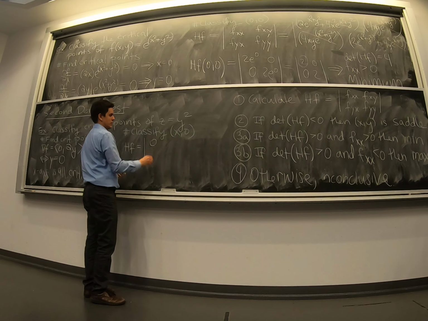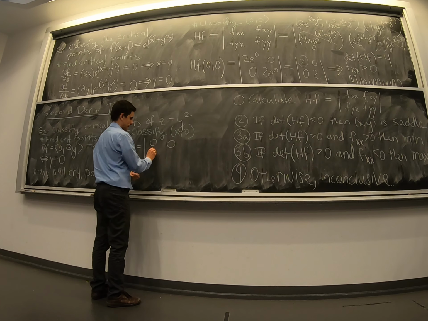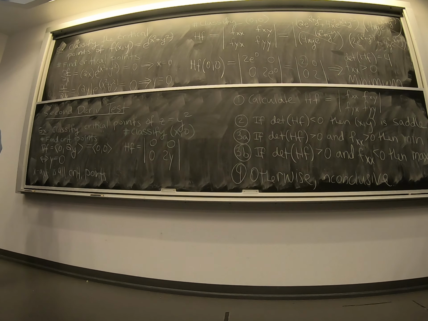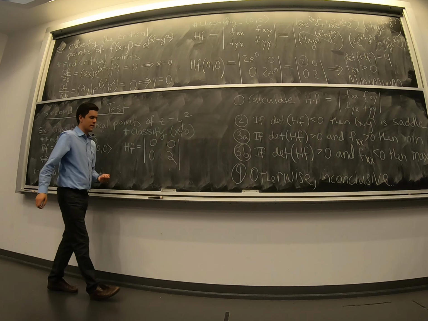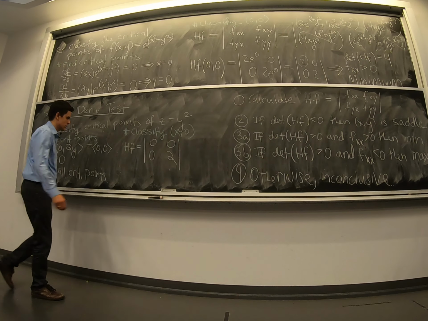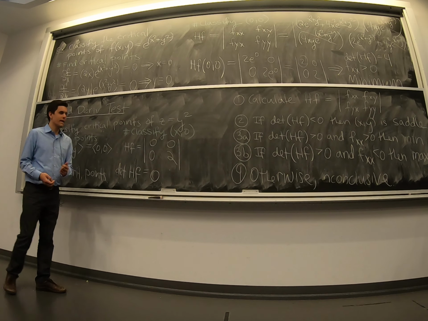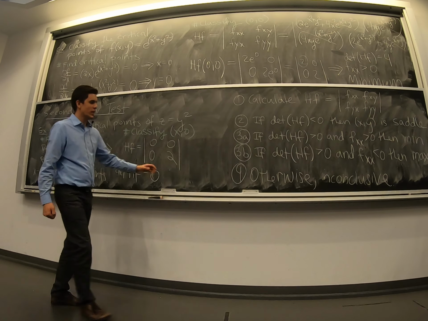So we're going to get 0. Actually, no, 0, 0, 0, 2. So the determinant of this will be 0 for all x. Right, so we are very much in this fourth case.